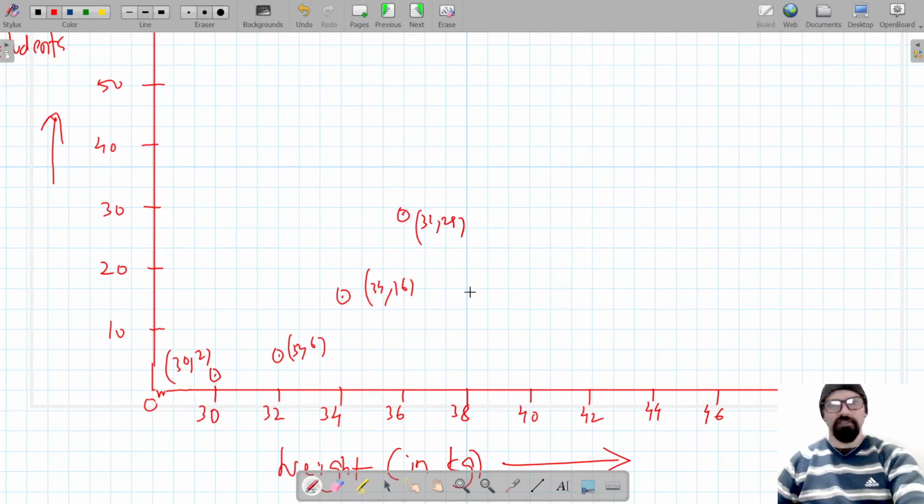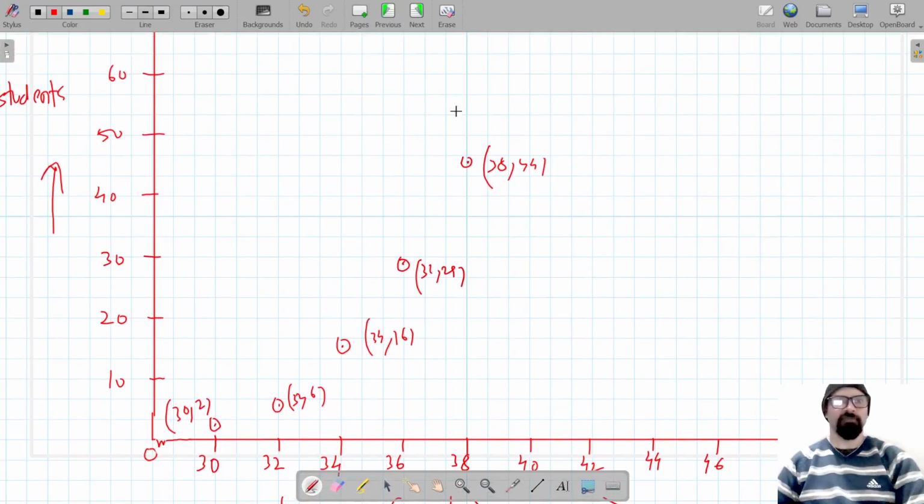Okay, now 38 comma 44. 40, 50, 45 and 44 will be here. 38 and 44. And then 40 and 53.